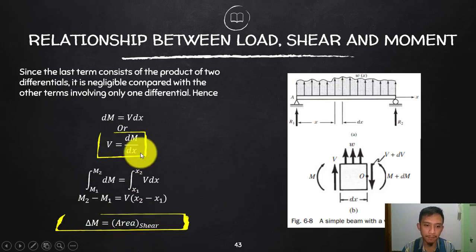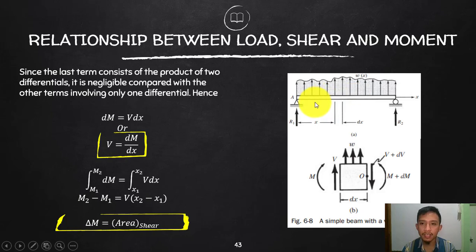Okay. Now, the other thing here is that if you have the equation of the moment diagram, get the first derivative. For example, let's say this is uniform from A to B. So what does that mean? There will be a single equation of moment here, and if I want to get the equation of the shear, then that is just the first derivative.